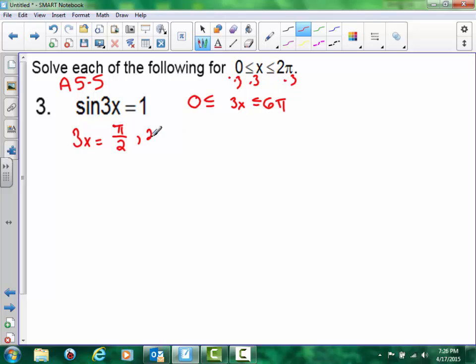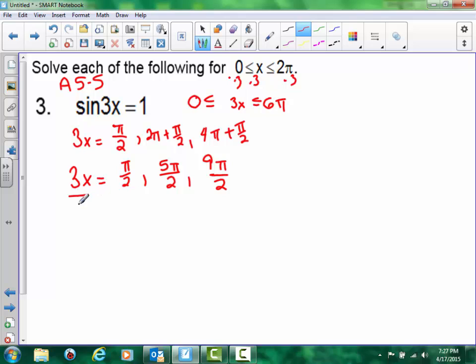So we're going to say 2 pi plus pi over 2, and we're also going to say 4 pi plus pi over 2, because once around the circle we got to 2 pi, second time we got to 4 pi, and the next time around we'd end up at 6 pi. So simplifying that, that's going to be pi over 2, 5 pi over 2, and 9 pi over 2.